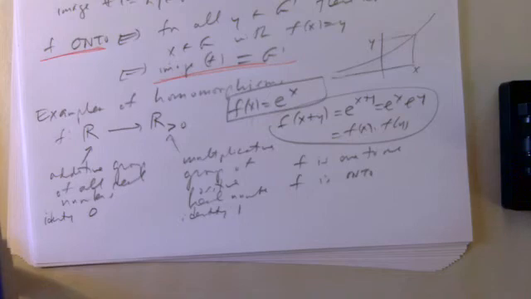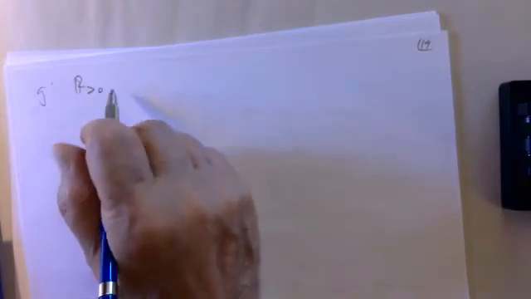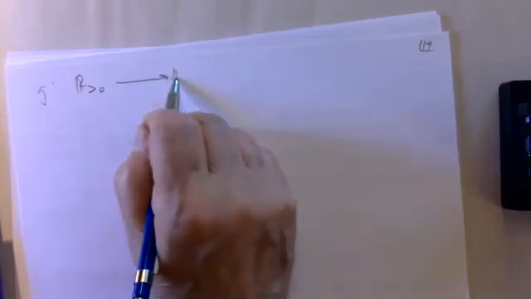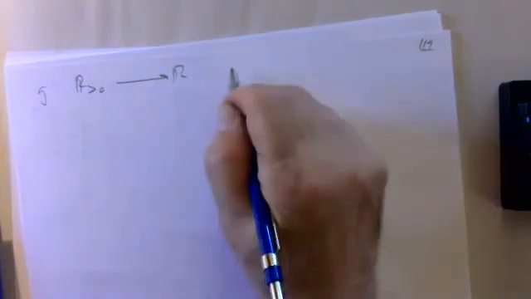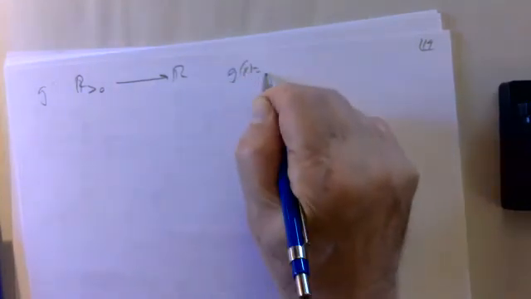There's also another function from calculus that goes in the opposite direction. So there's a basic function, g, from the multiplicative group of positive real numbers to the additive group of real numbers. And it's defined by g of x is the natural log of x.